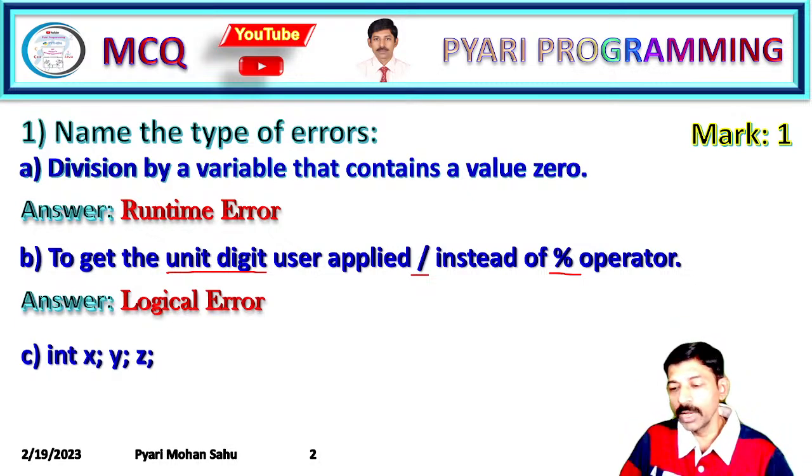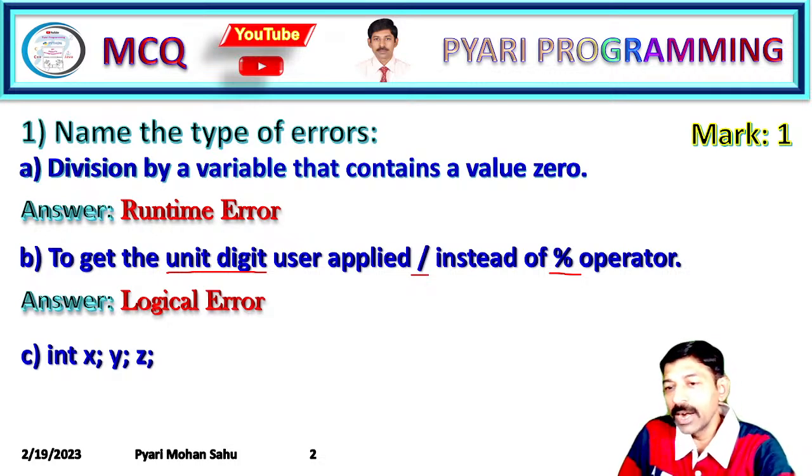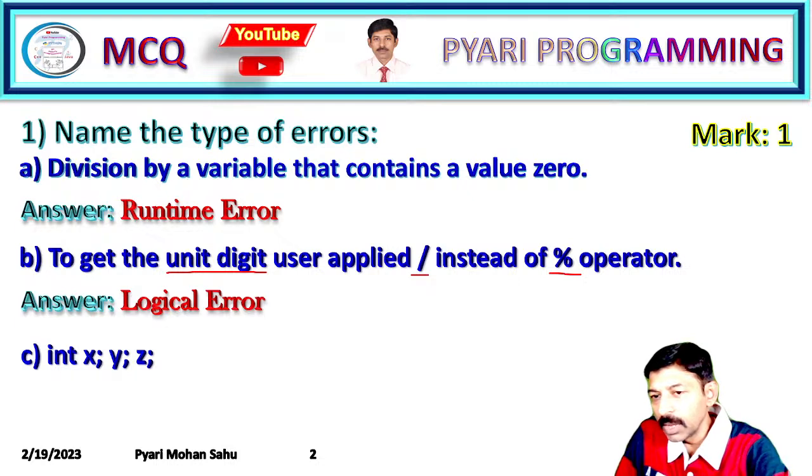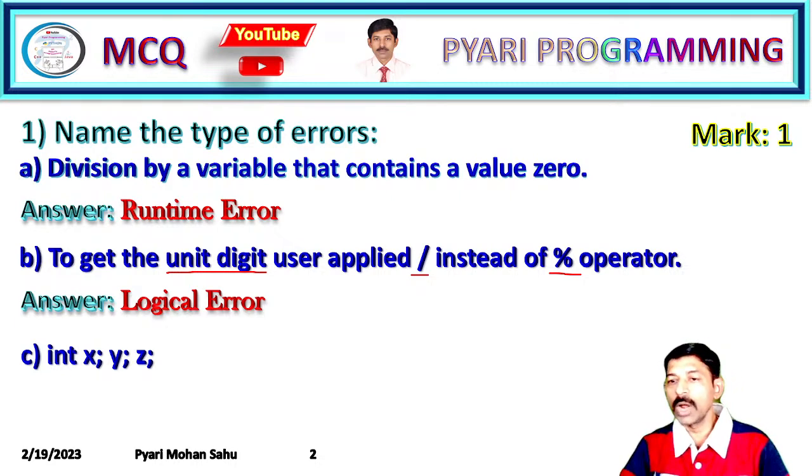When I put a semicolon, that means it is the end of the statement. If it is the end of the statement, then y and z are variables that need a data type.